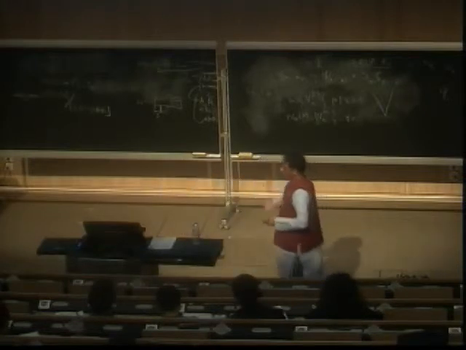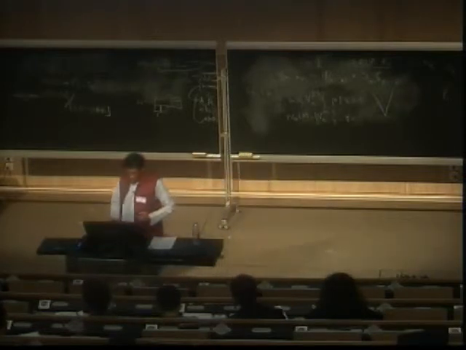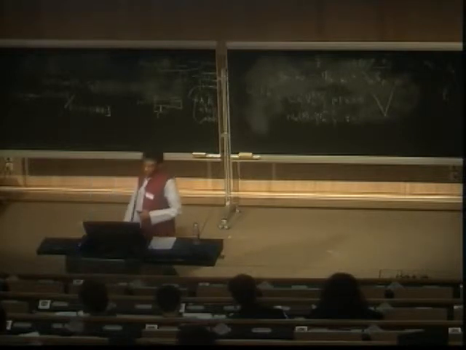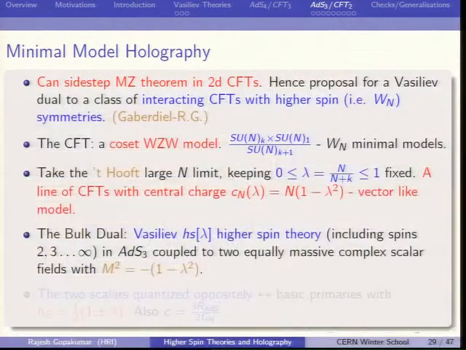The number of degrees of freedom grows like N. And the proposed bulk dual is this Vasiliev higher spin theory, HS lambda, where lambda is now the same lambda. When I described this HS lambda theory, there was this real parameter lambda, which governed the mass of the scalar. It governed the gauge group.